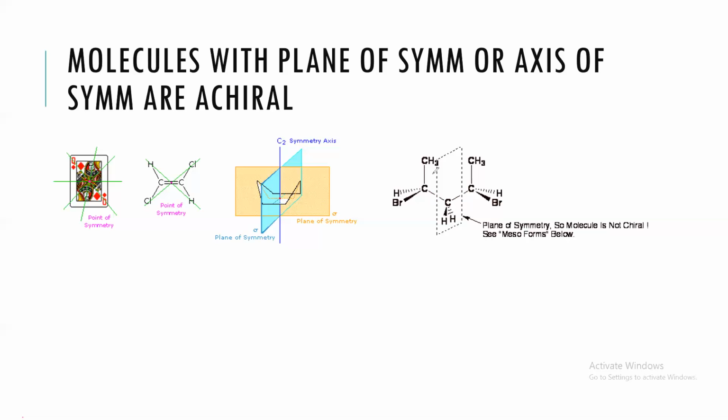Illustrated here, if I draw this plane, or if you want, just imagine it as a line, I draw it like that. What I'm going to get is that this part and this part are completely identical. This is an achiral molecule, and the mirror images are identical and not enantiomers, and this is what we usually call meso forms.